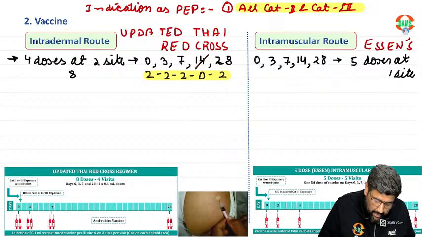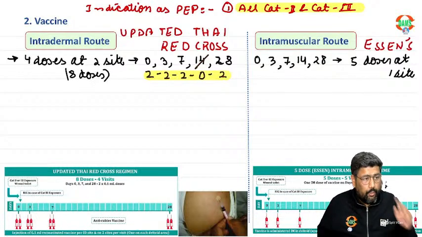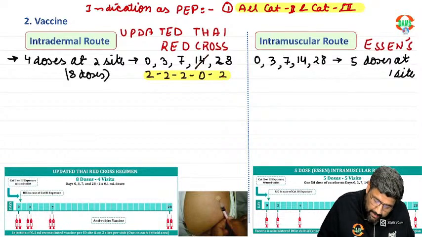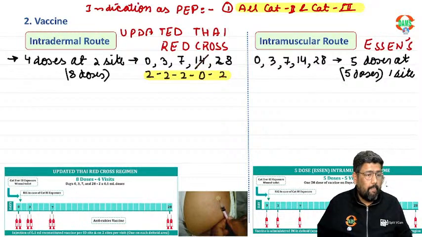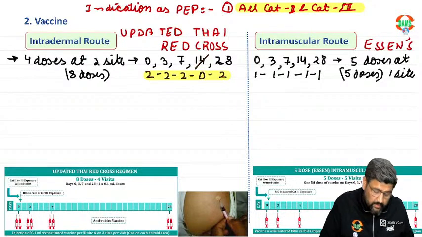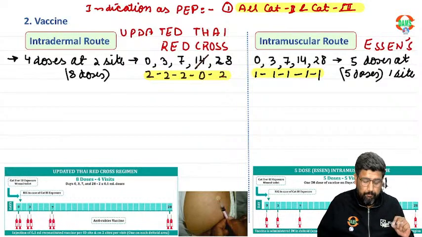So total 8 doses are given in intradermal and total 5 doses are given in intramuscular. So can I also say 1 1 1 1 1? So this regime is also known as 1 1 1 1 1.